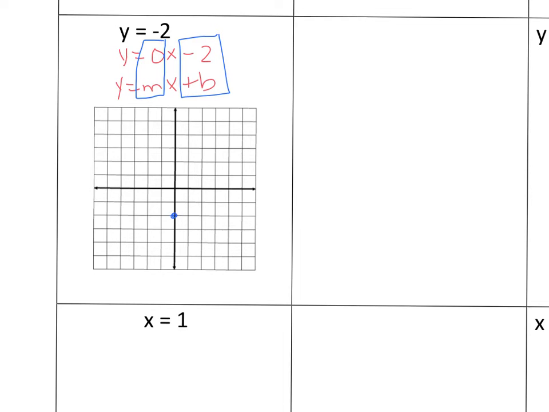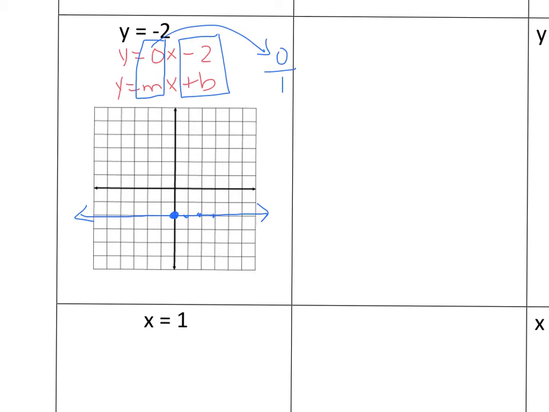So I'm going to start down at -2, and with a slope of 0, you have 2 ways of knowing how to do it. You can know that a slope of 0 is a horizontal line, thinking back to the face that we made in class in our 3-3 notes, or if you want to think about rise over run, you can put the slope as 0 over 1. That means go up and down nowhere, over 1. Up and down nowhere, over 1. And you'll get a horizontal line that way. So I have just a horizontal line at -2.